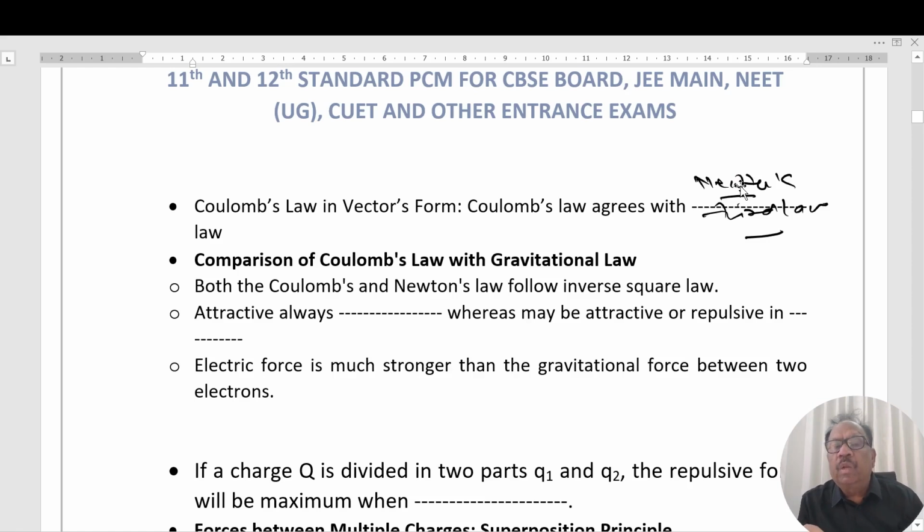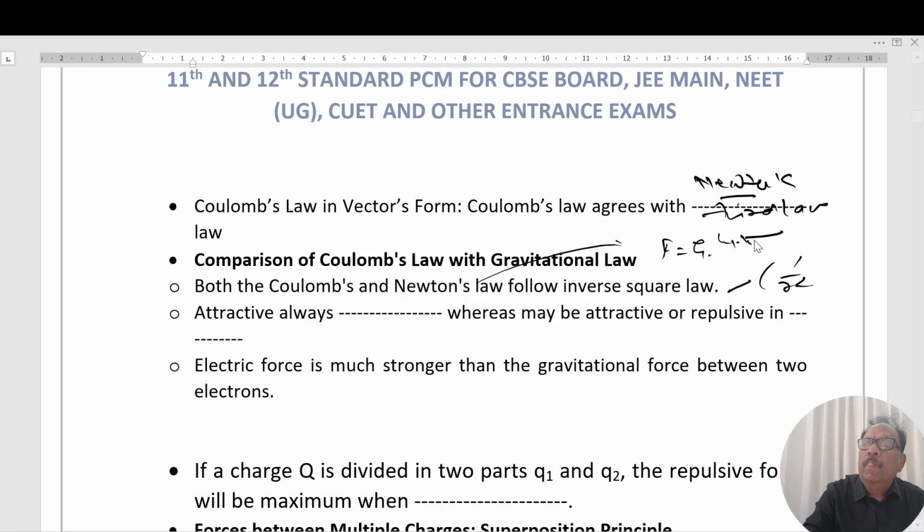Comparison of Coulomb's law with gravitational force: both Coulomb's and Newton's forces follow the inverse square law, that is, inversely proportional to 1 over R square. Newton's law of gravitational force is F equals capital G, the universal gravitational constant, M1 M2 upon R squared. It is always attractive.